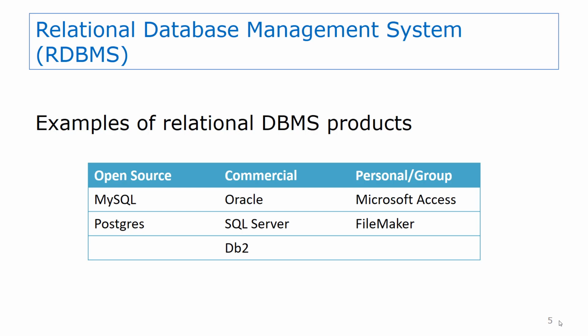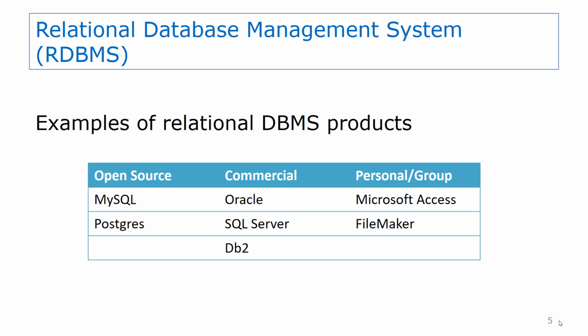Some other commercial relational database management systems are SQL Server from Microsoft and DB2 from IBM. When PC processors, memories, and disks became more widely available in the late 1980s, vendors introduced RDBMS systems that could run on PC or Mac operating systems. Two of these products are Microsoft Access and FileMaker.